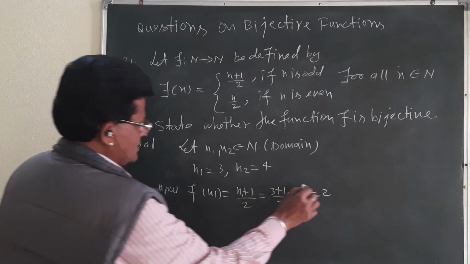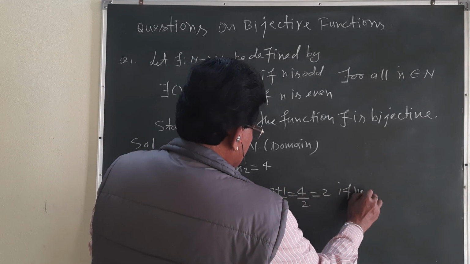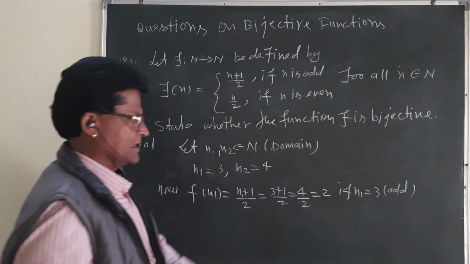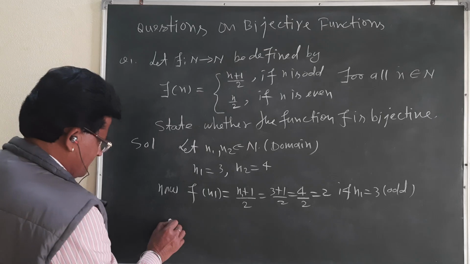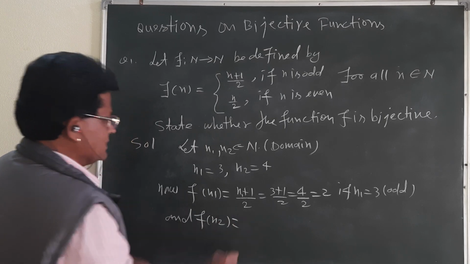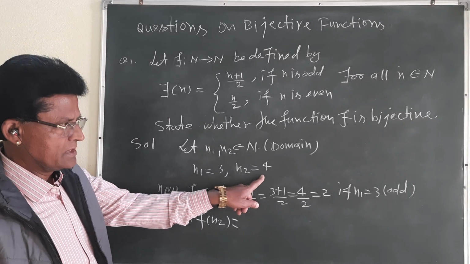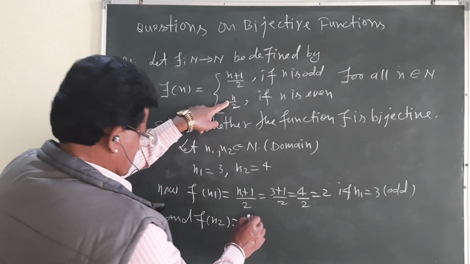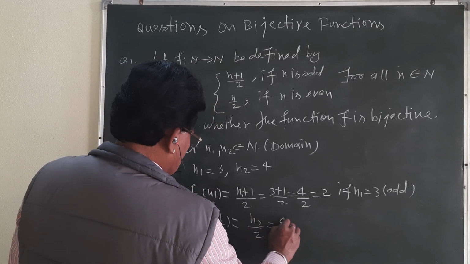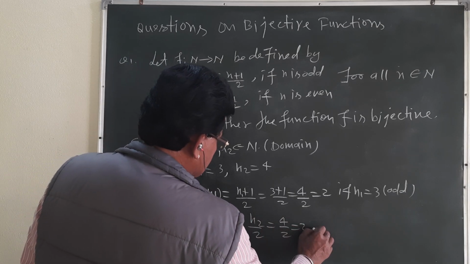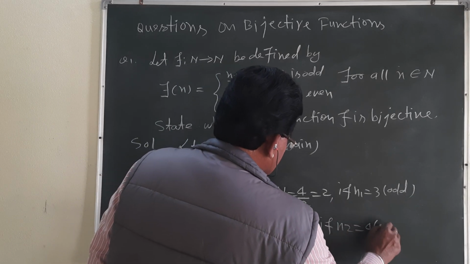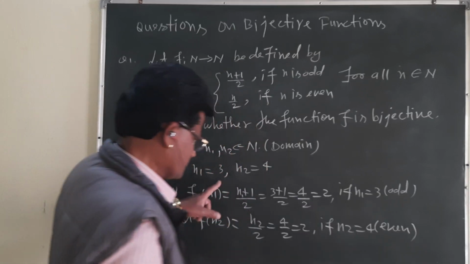The condition is that n1 is equal to 3, odd, so we have taken this. Secondly, if n2 is even, you take this formula, n2 by 2, that is 4 by 2. The condition is that n2 is equal to 4, that is even, so I have taken this one.